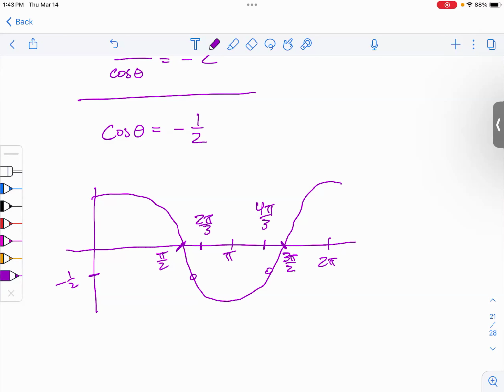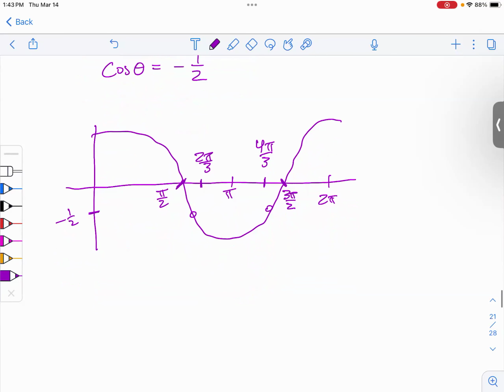And is theta adjusted? Is there an omega with theta? No, which actually means the base graph is our solution, so I don't need to do the 2 pi k part. And so those are the best ones.